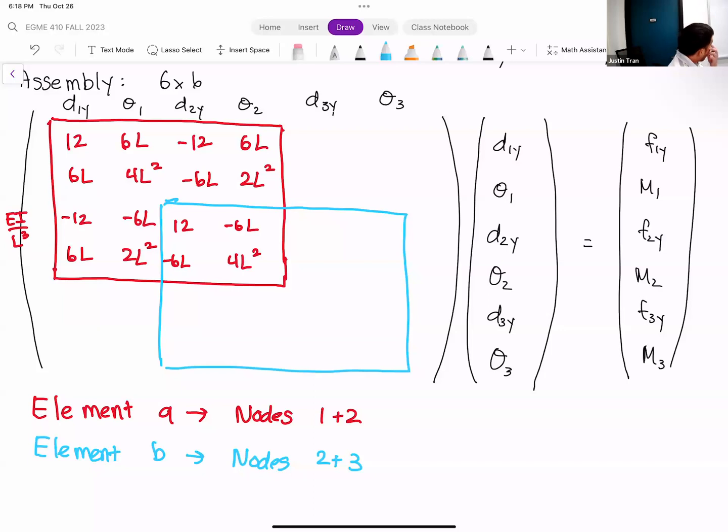All right, so let's do the same thing for element B. We're going to fill in just the same entries there. We have a plus 12, plus 6L, plus 6L, plus 4L squared. So that takes care of all the overlapping entries. I'm just going to fill in all the other entries really quickly here.